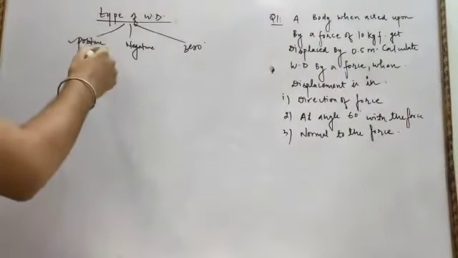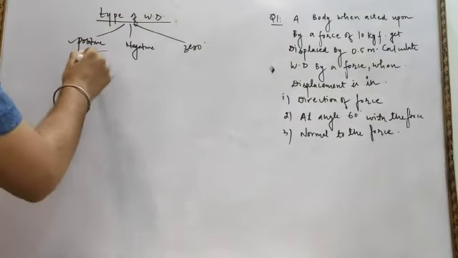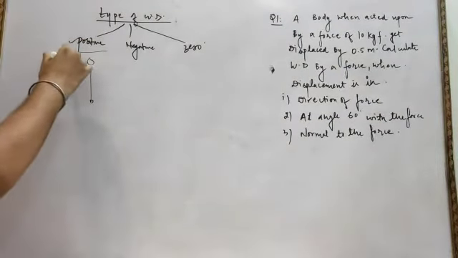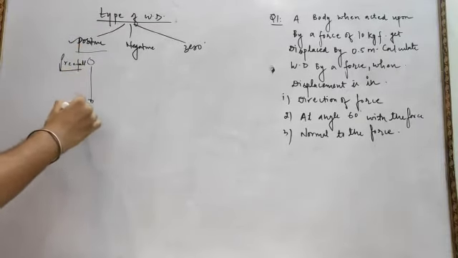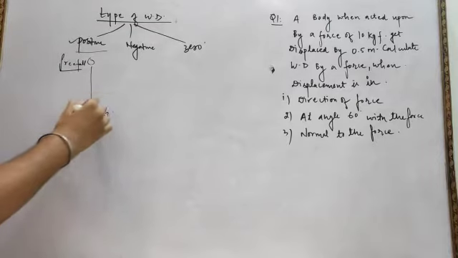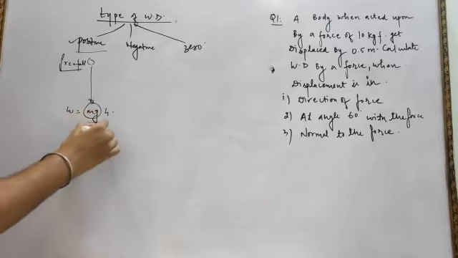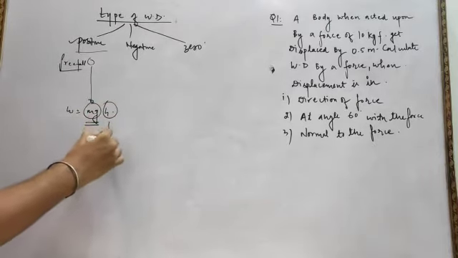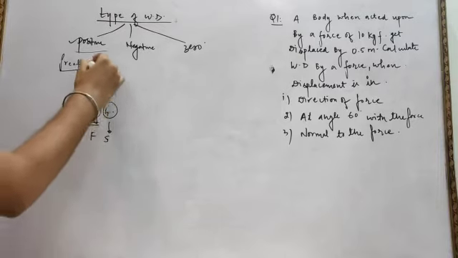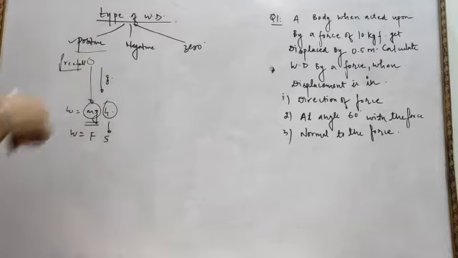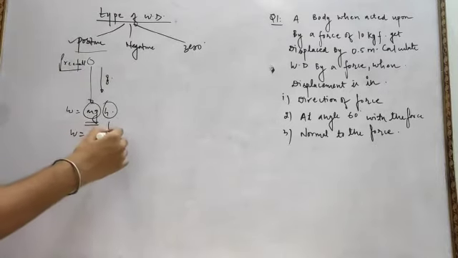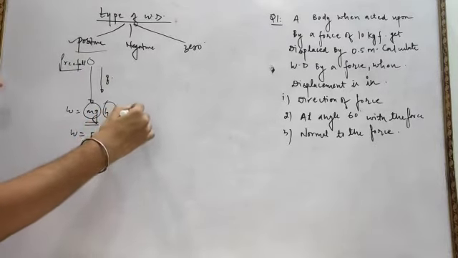Before solving the numerical, two cases are also there. Suppose a body is under free fall. So again work done will be mgh, because mg represents the force and h represents the displacement. In free fall, the displacement is in the direction of acceleration due to gravity, so theta will be 0 degrees.